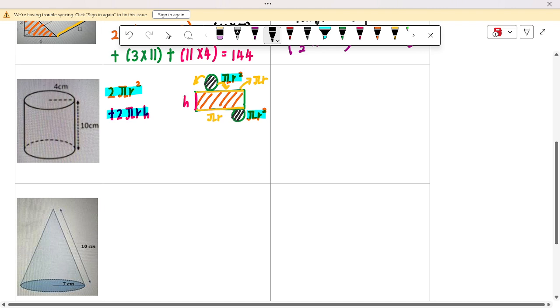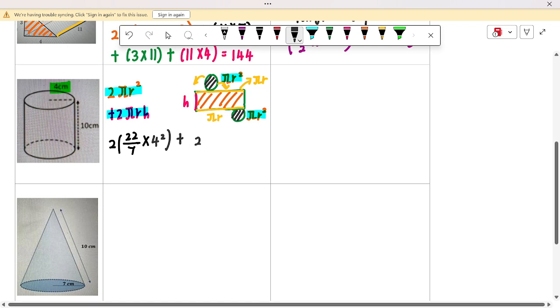So let's substitute in 2 bracket 22/7 times your radius is 4, so times 4 square, plus 2 bracket 22/7 times your radius, which is 4, and your height of the cylinder, which is 10.